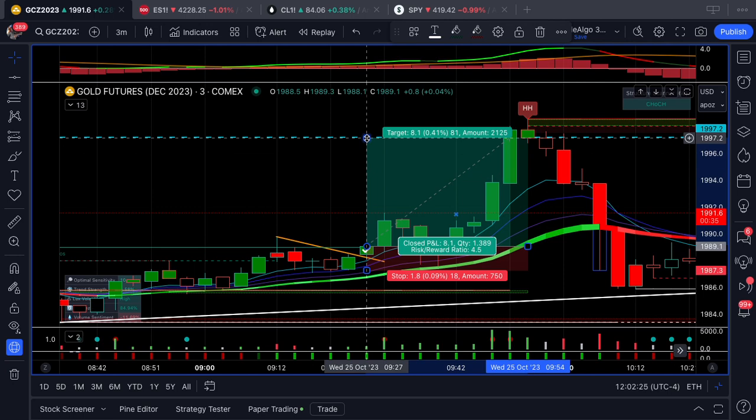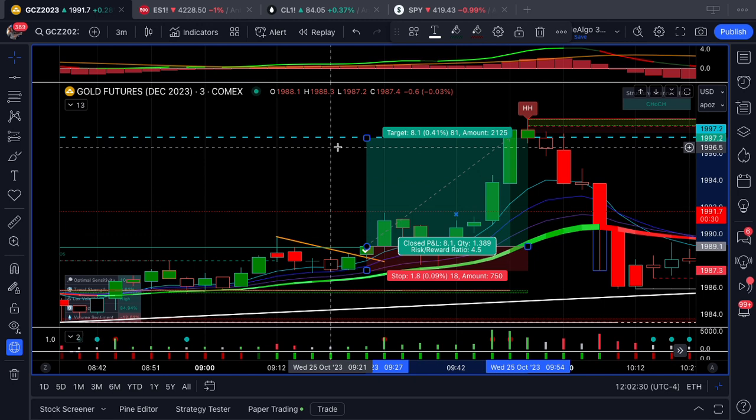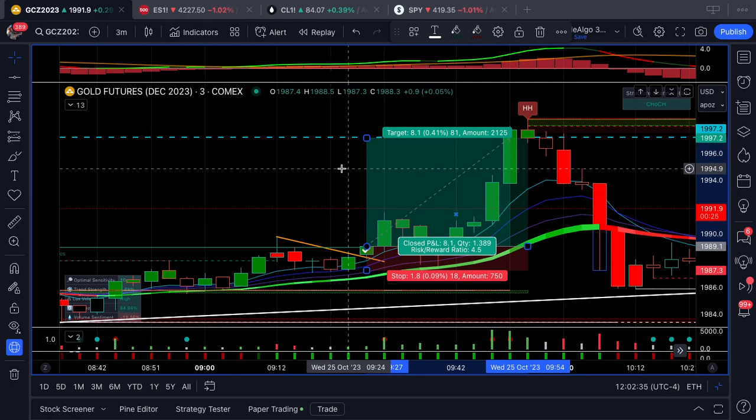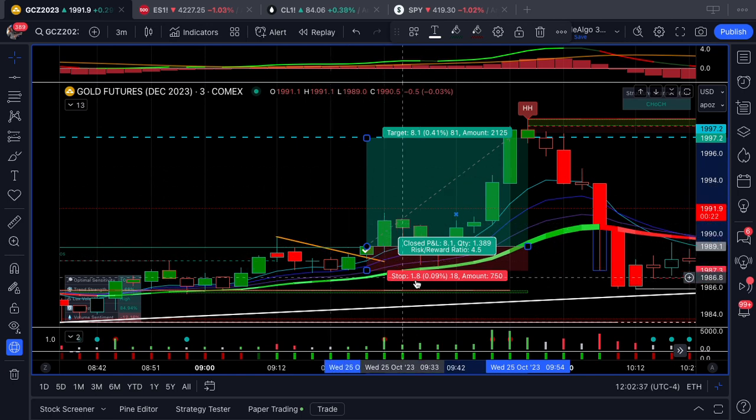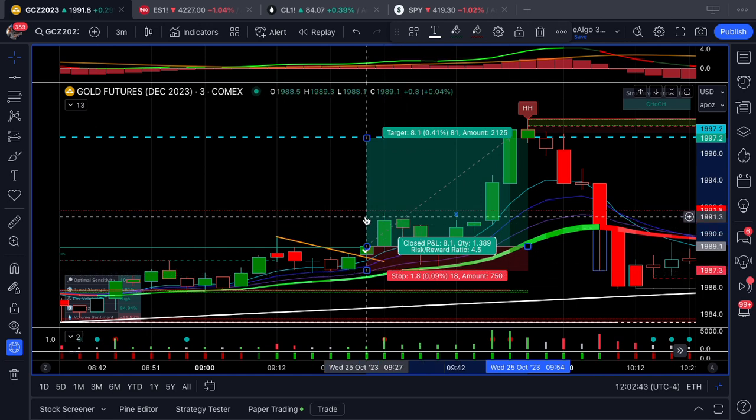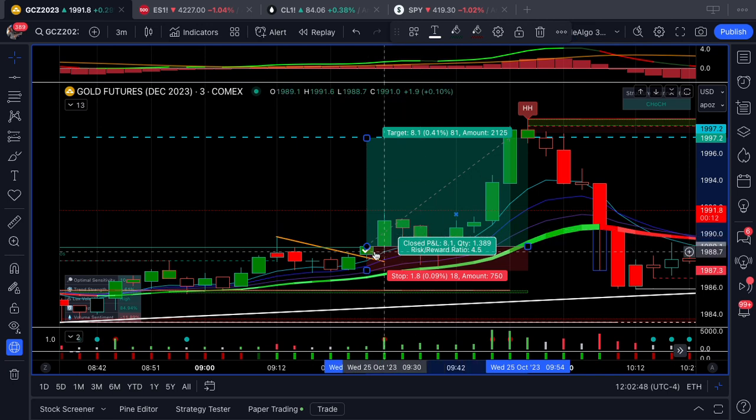The reason I put targets on the chart, I hand draw the pivots, I hand draw all of the analysis, is so that my traders can make this assessment for themselves. All right, I'm going to risk 18 ticks. If I'm going to hit resistance at like 10 ticks, I can't take this trade. But if I'm going to risk 18 ticks and my first technical objective is 81 ticks away, well, this trade now makes sense.